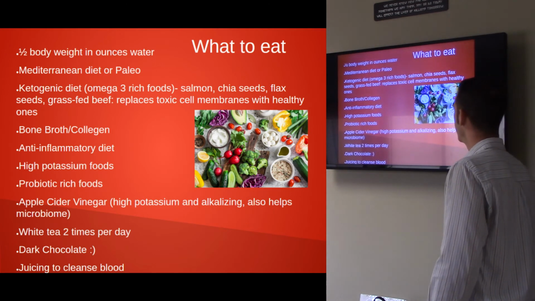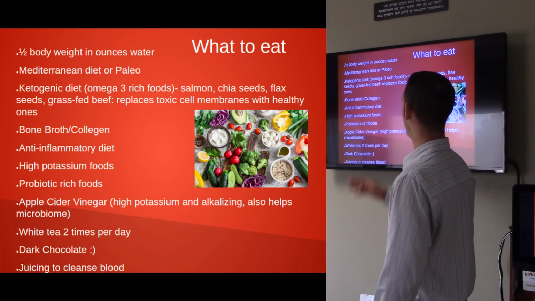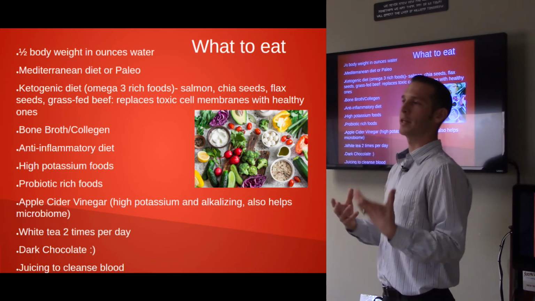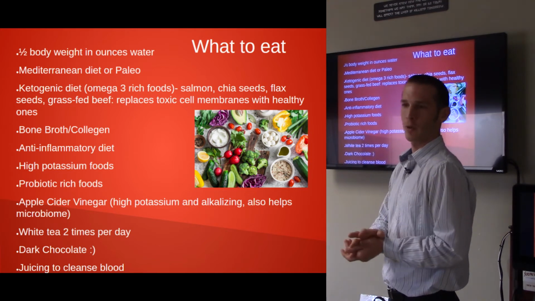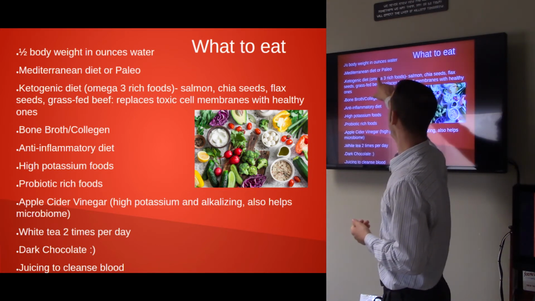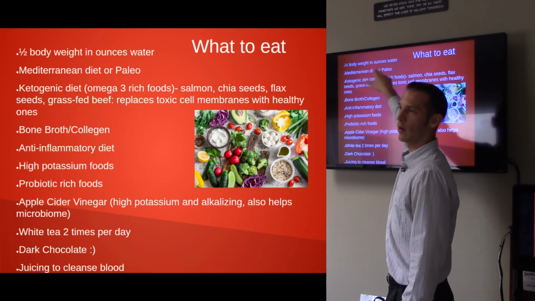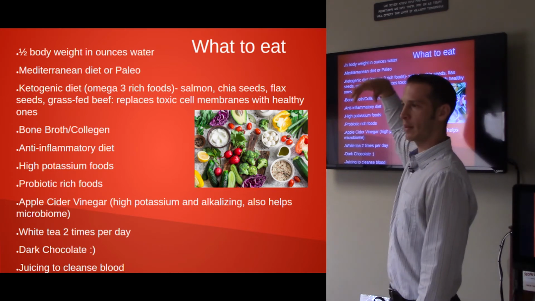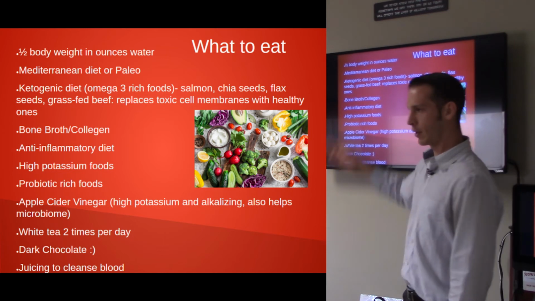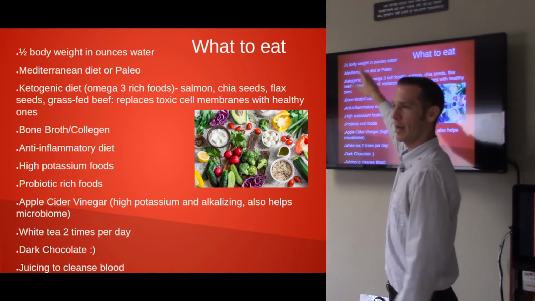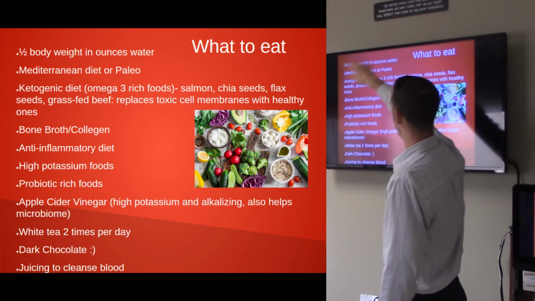What to eat? So we talked about it. Just try to get as close to natural as possible. If you look up things like the Mediterranean diet or paleo, and when you look at the foods, make sure they're organic. Make sure you're drinking plenty of water.